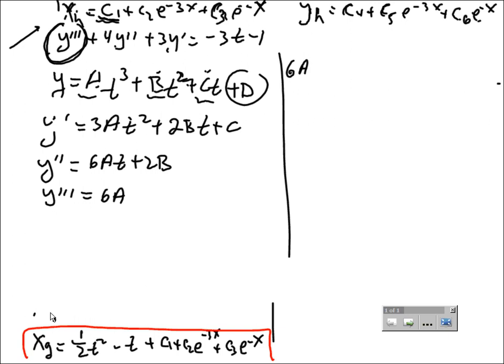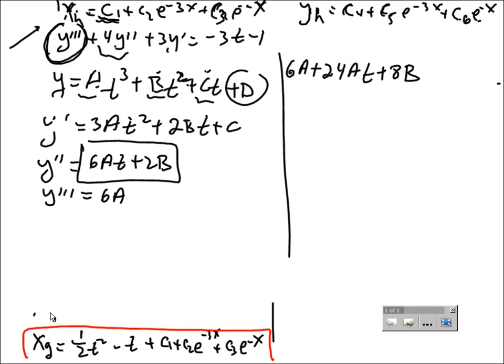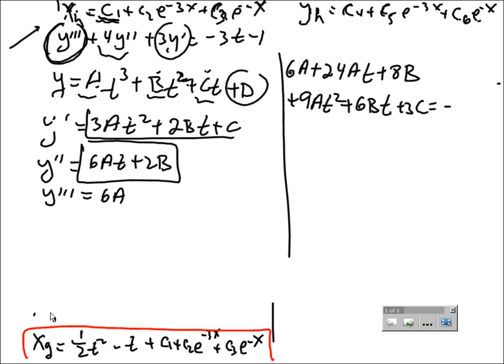Third derivative. And I need to add on 4 times the second derivative. No mistakes here. That's the second derivative. And 4 times it will be that. I need to add on 3 times the derivative. 3 times this, which would be 9at squared plus 6bt plus 3c. And this is supposed to equal what it says it equals to.